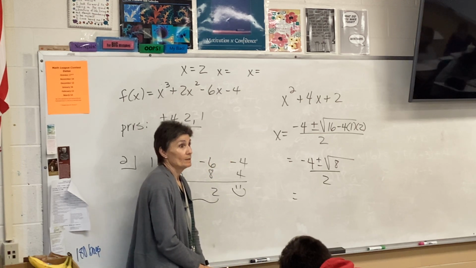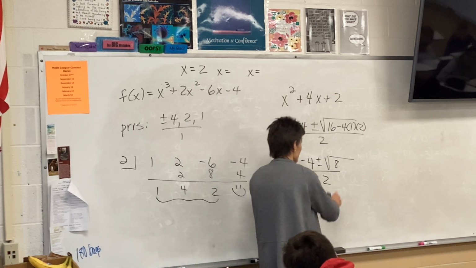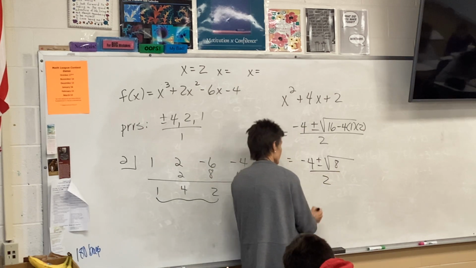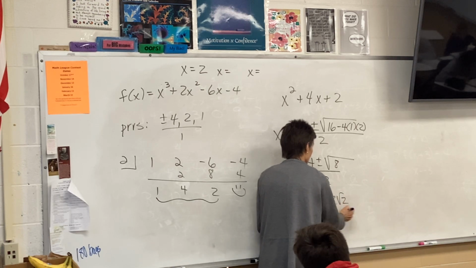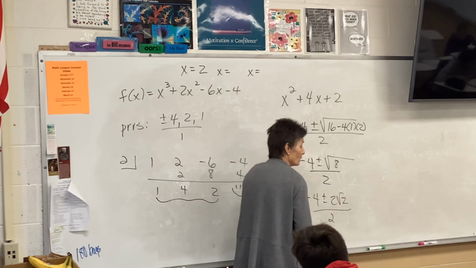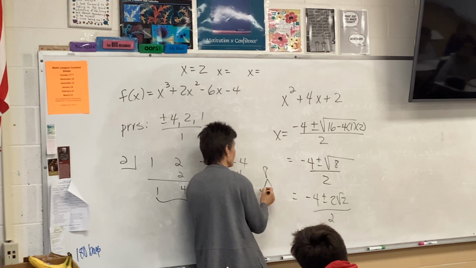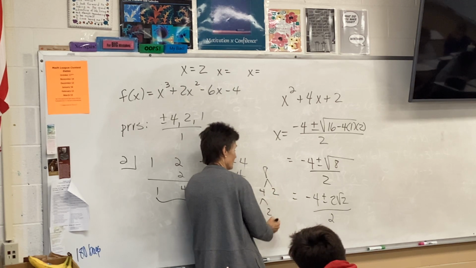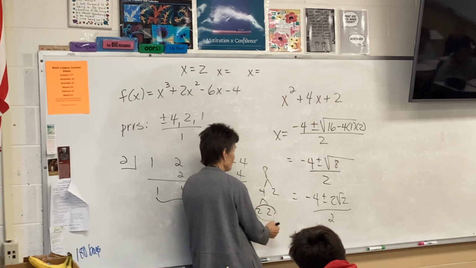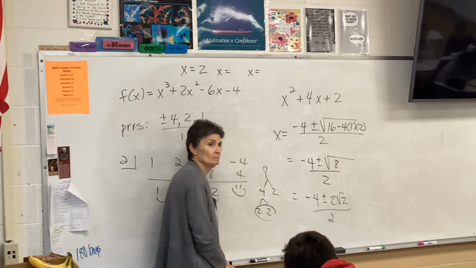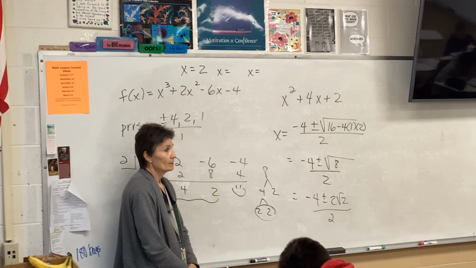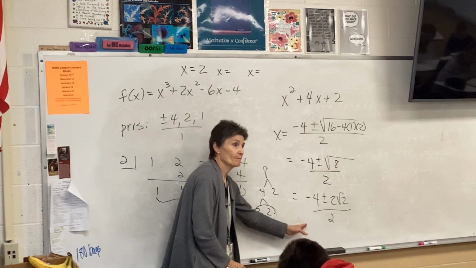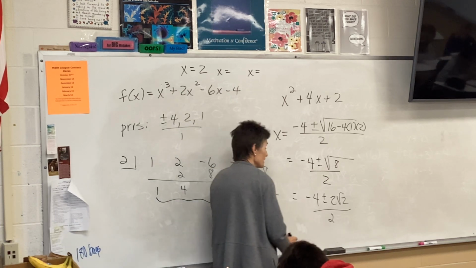What's the square root of 8? 2 radical 2. Why is 8 2 radical 2? Because when you break it down, there are two 2's and an extra 2. Now we can simplify.